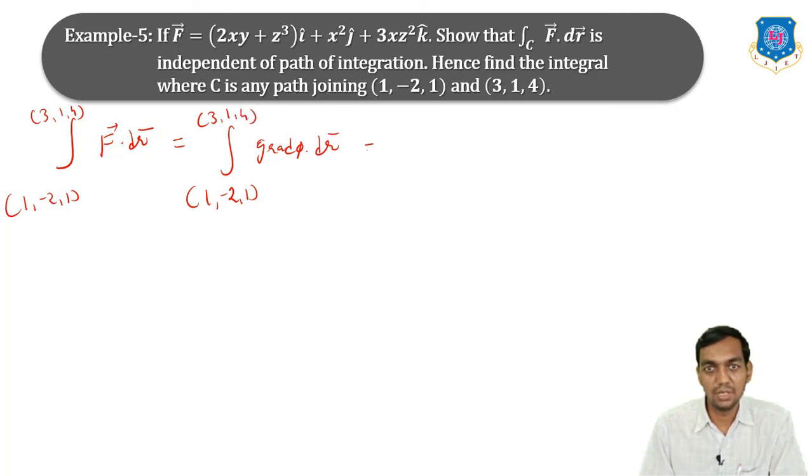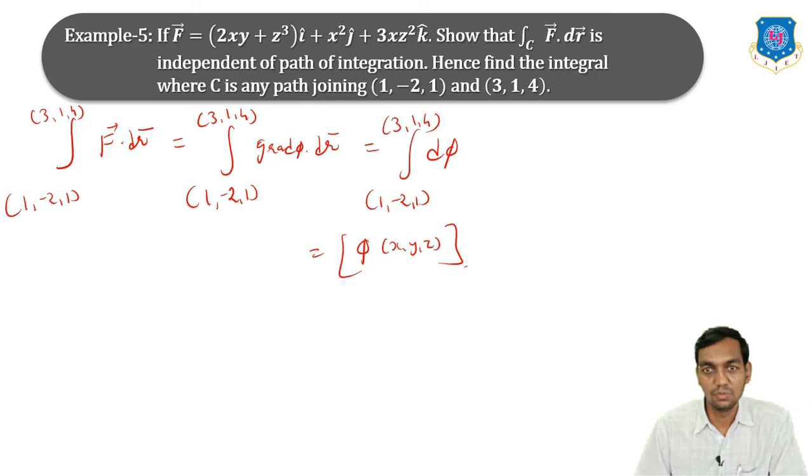But grad phi dot dr is nothing but it is d phi which we have defined. Okay. So d phi has an integration phi of x, y, z, and the limit is from 1, minus 2, 1 to 3, 1, 4. And if you are going to put the value, then you will have phi of 3, 1, 4 minus phi of 1, minus 2, 1.